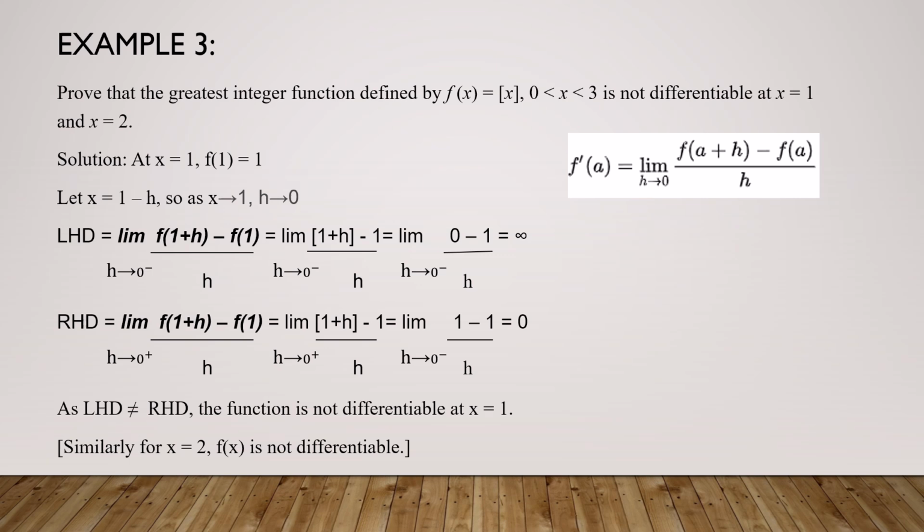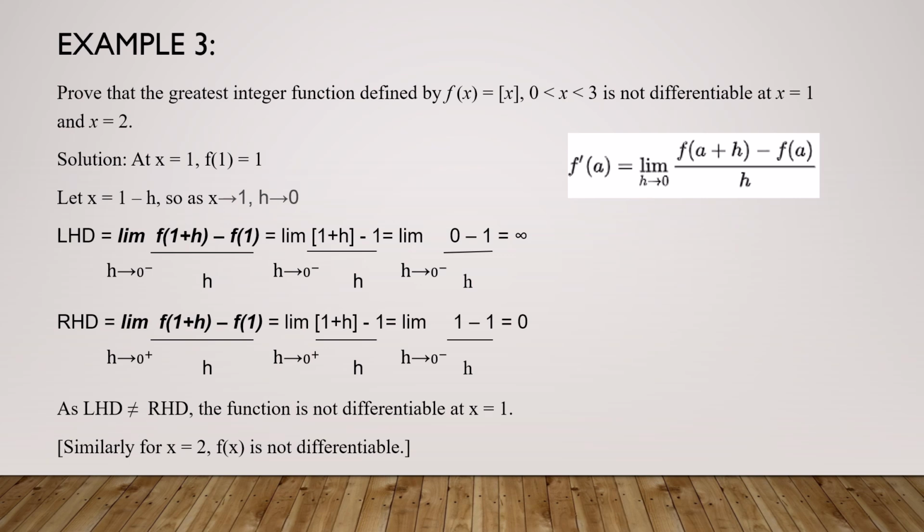Now remember, we have two types of approaches to finding the derivative according to the definitions. It says that f dash at a is limit h tends to 0 of f(a plus h) minus f(a) upon h. Now see over here, x is equal to 1 minus h.